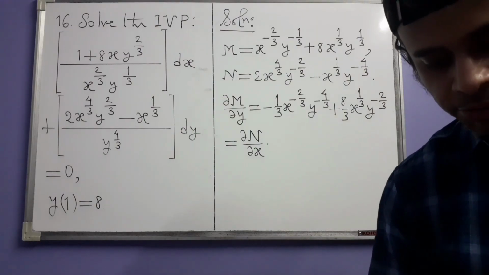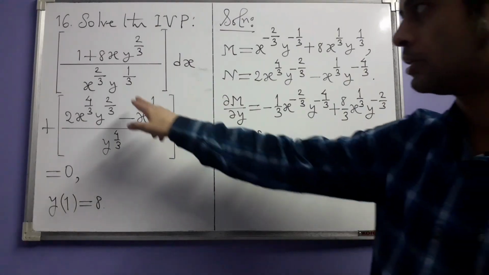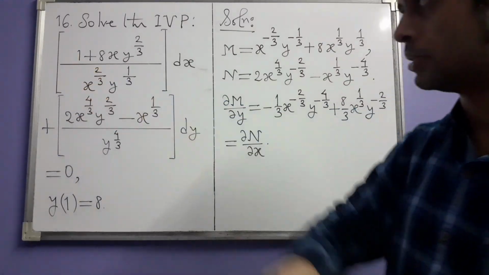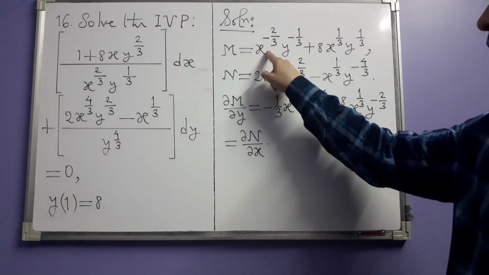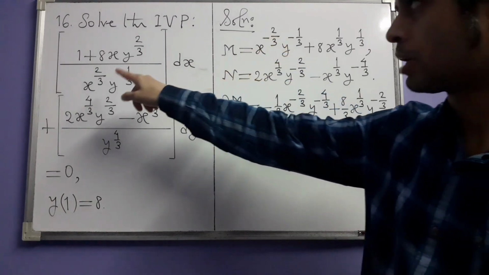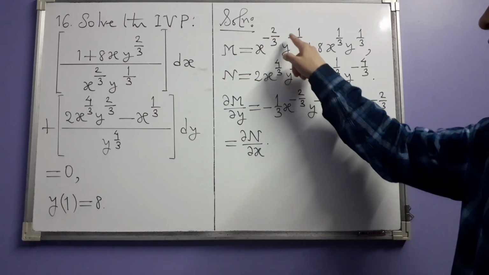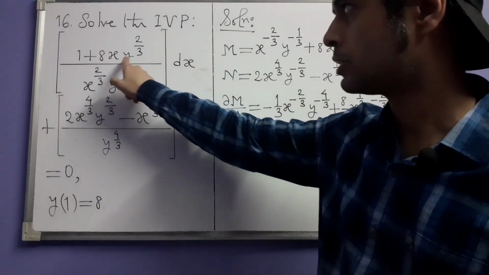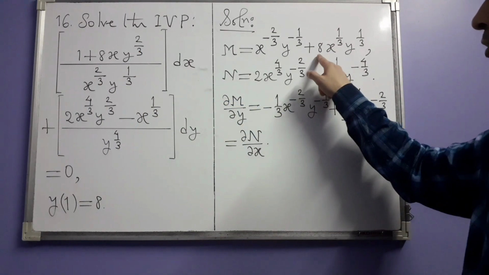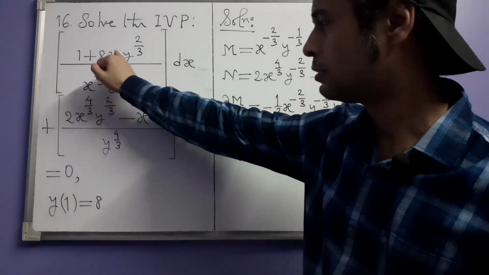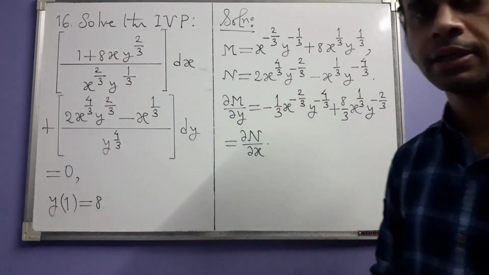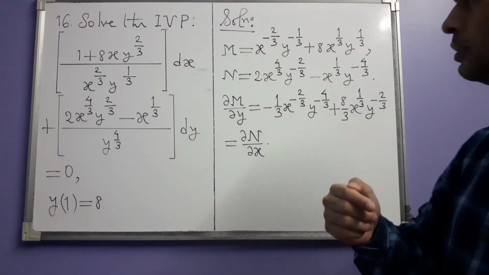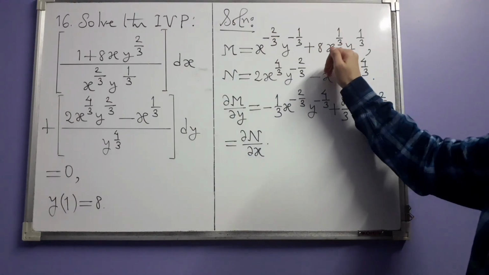So what do you do for this simplification? Obviously you do the divisions. So if you divide 1 by this denominator, then this becomes x to the power minus 2 over 3 times y to the power minus 1 over 3. And then when you do that same thing to this second term, 8 of course stays 8, and then x divided by x to the power 2 over 3 is x to the power 1 minus 2 over 3, and 1 minus 2 over 3 is 1 over 3.